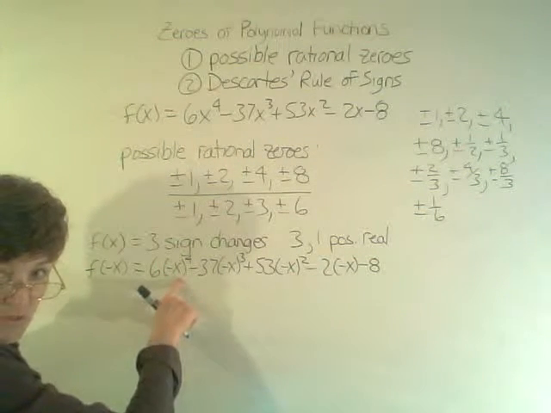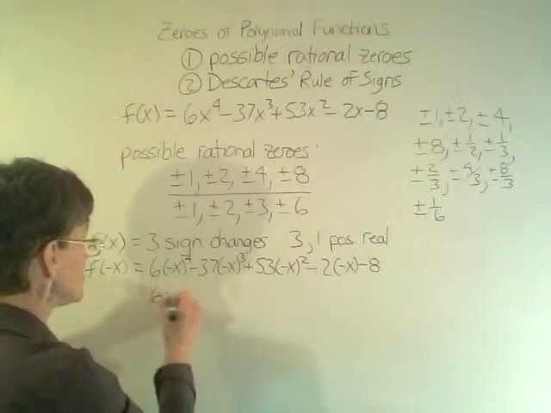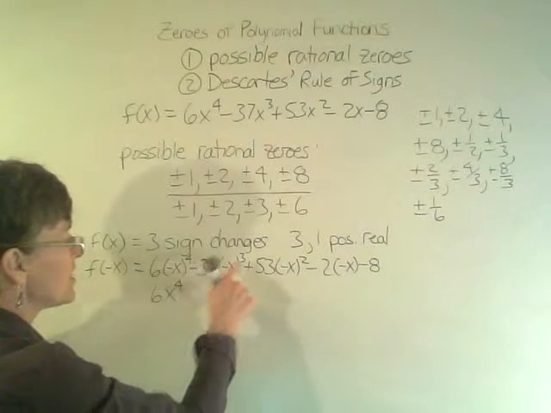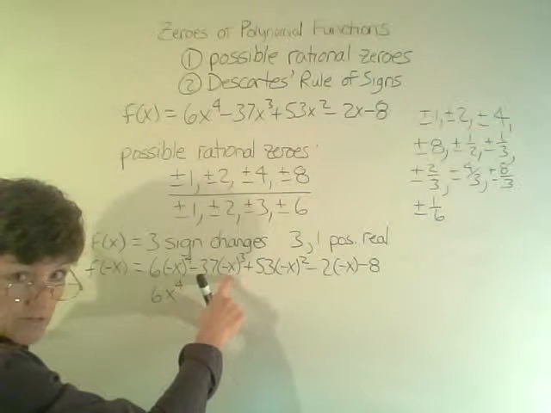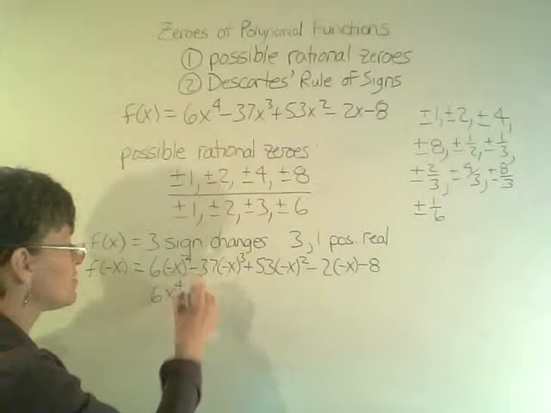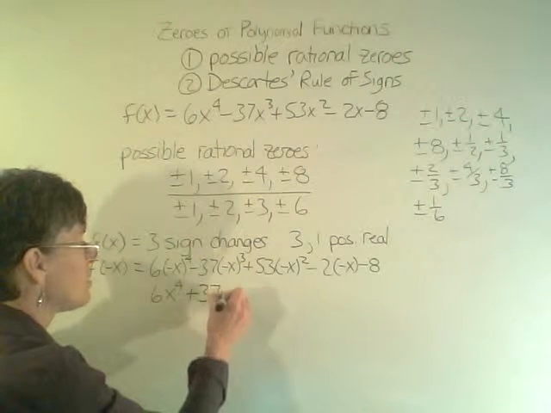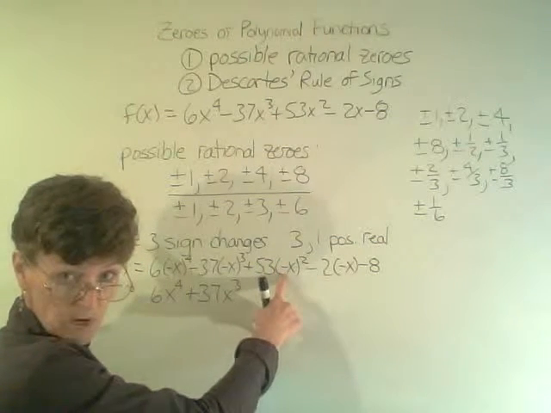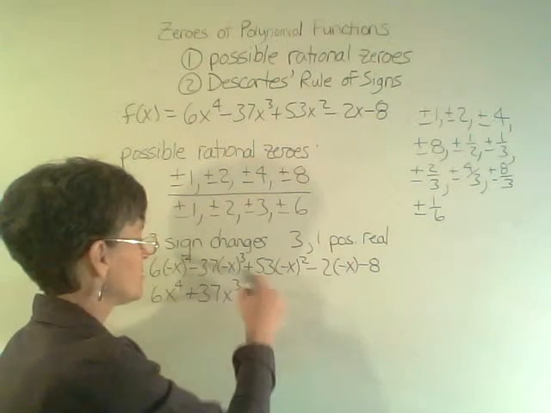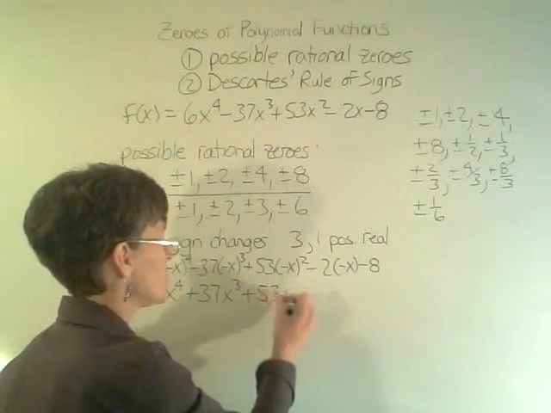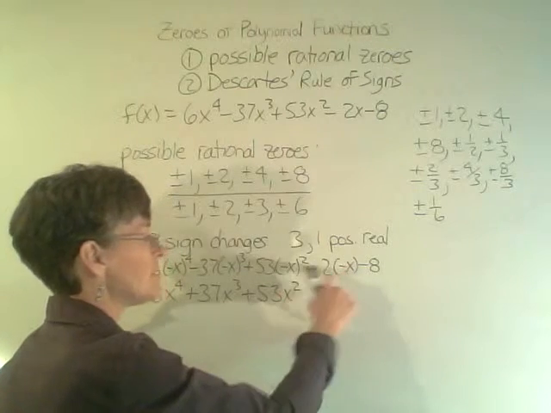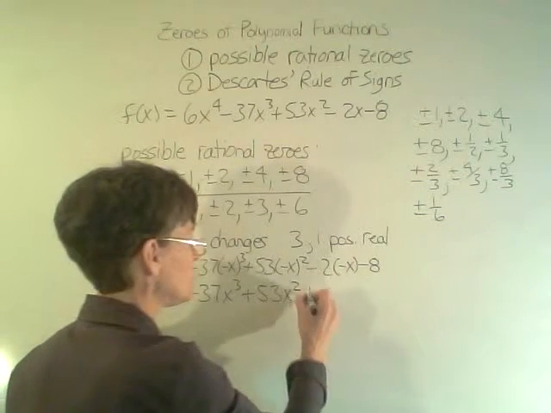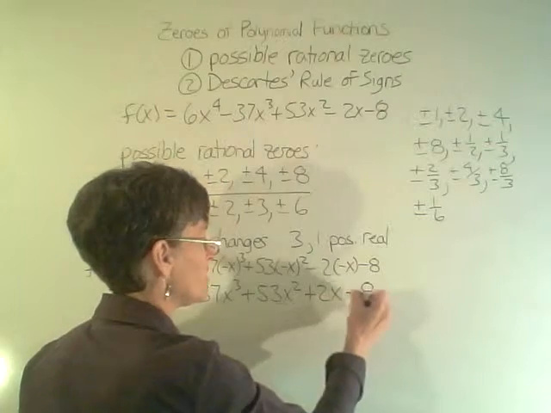Negative x to the fourth is positive x to the fourth, so we have 6x to the fourth. Negative x cubed is negative x cubed, and a negative and a negative is a positive, so that becomes positive 37x cubed. Negative x squared is a positive, so I don't change my sign here, plus 53x squared. Negative x times negative 2 is positive. And then I have my minus 8.